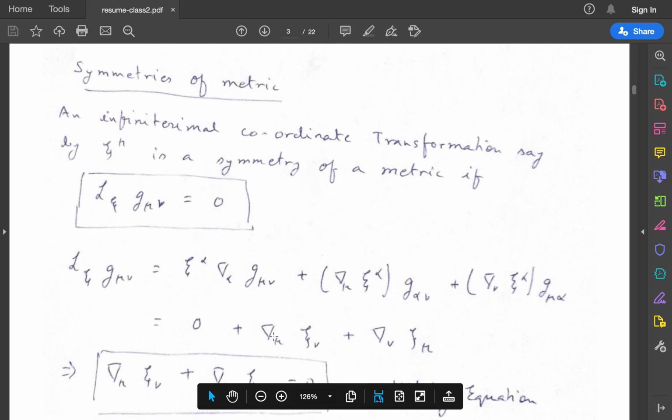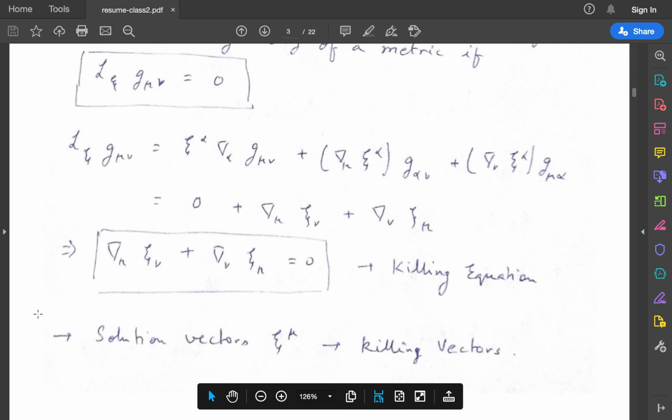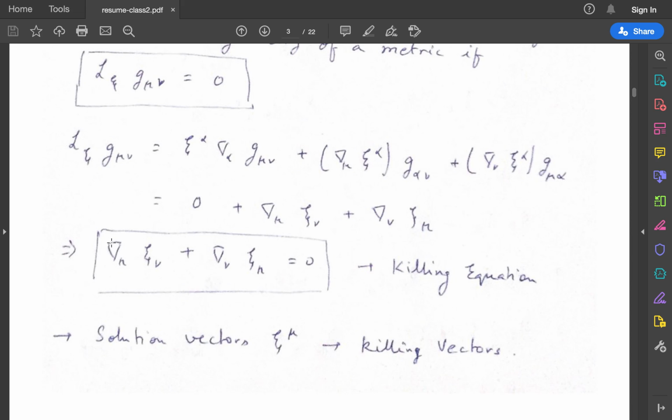This merely transforms ζ^α to ζ^μ. So the definition of the Lie derivative of g is nothing but ∇_μ ζ_ν + ∇_ν ζ_μ, and this should be 0 if ζ represents some symmetry of the metric.